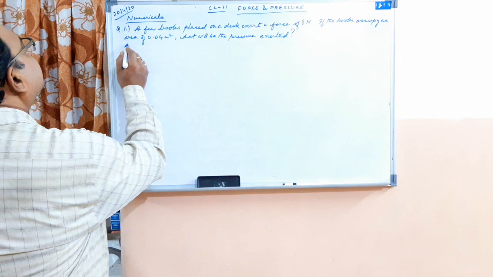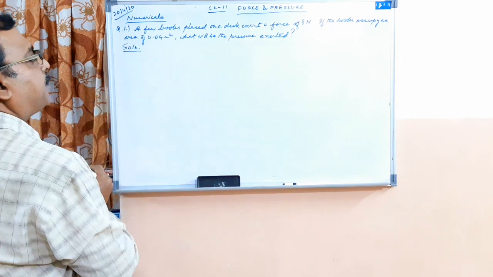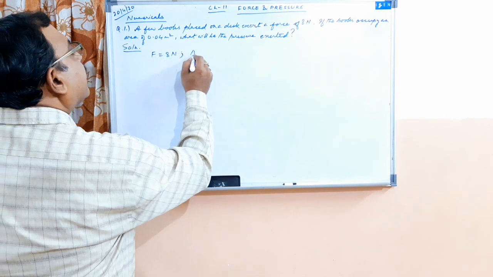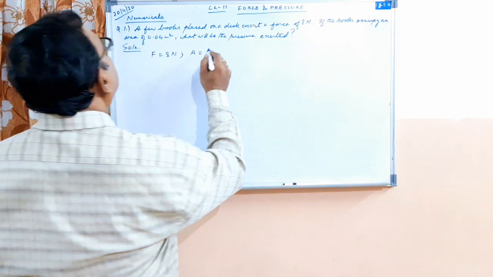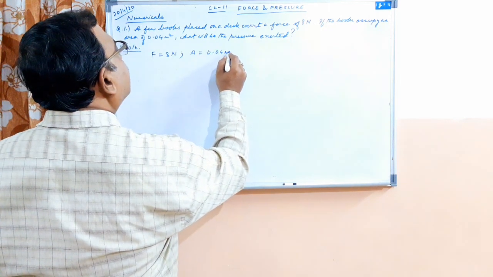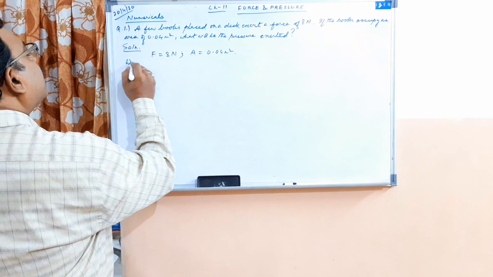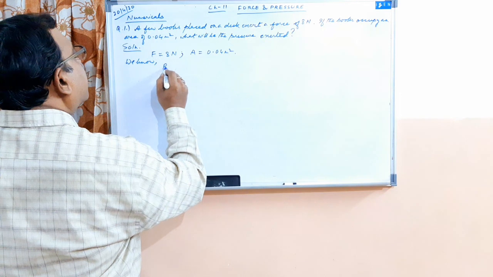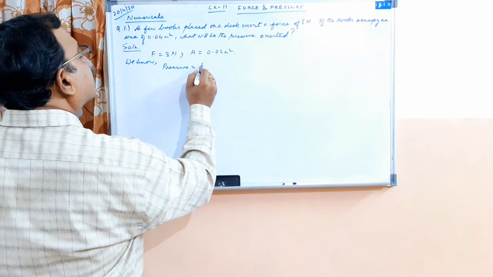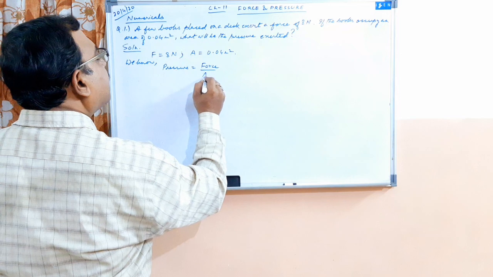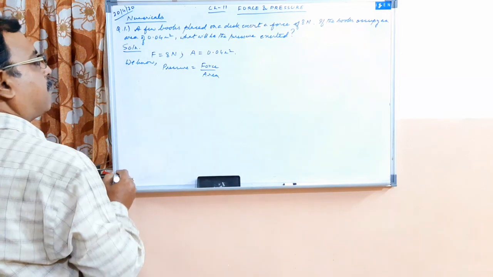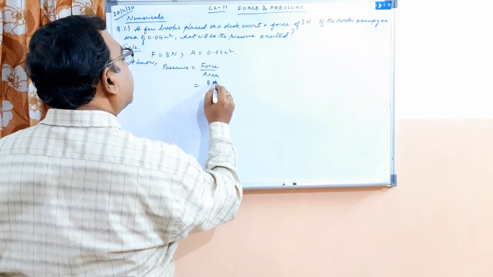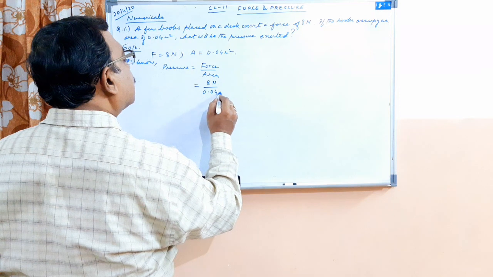So solution, F is equal to 8 Newton, A is equal to 0.04 meter square. So we know pressure is equal to force by area. So that is equal to 8 Newton divided by 0.04 meter square.